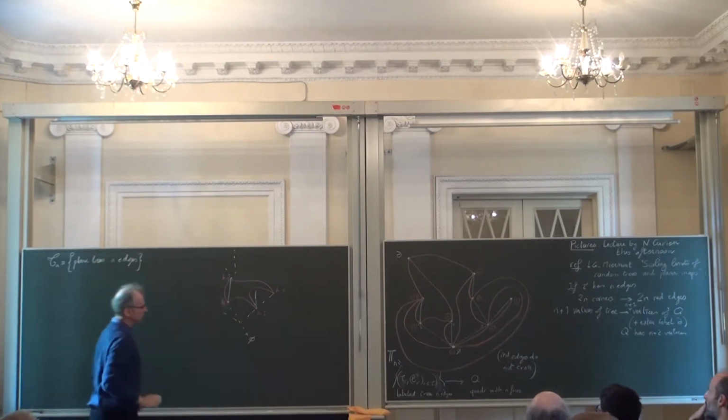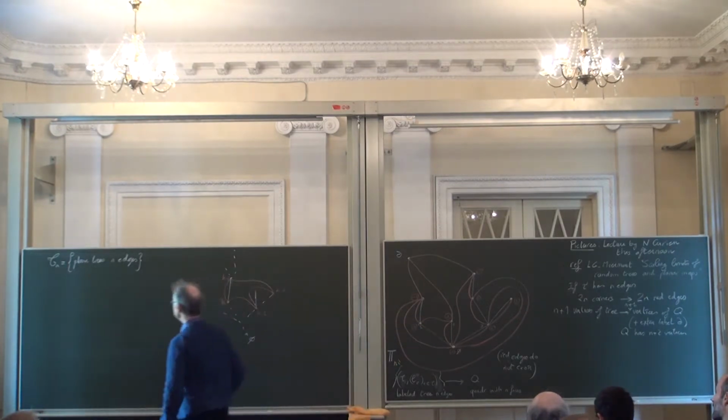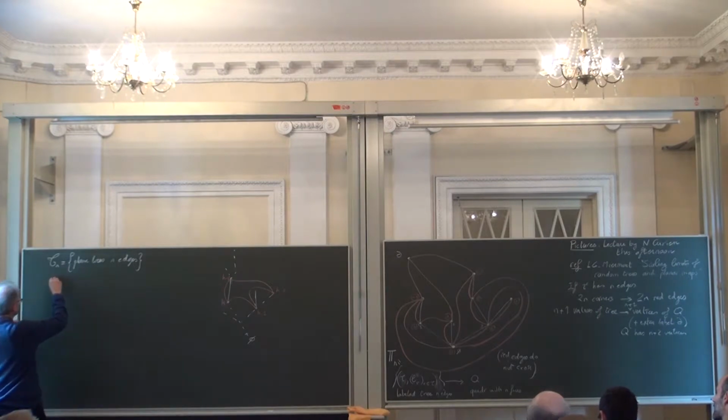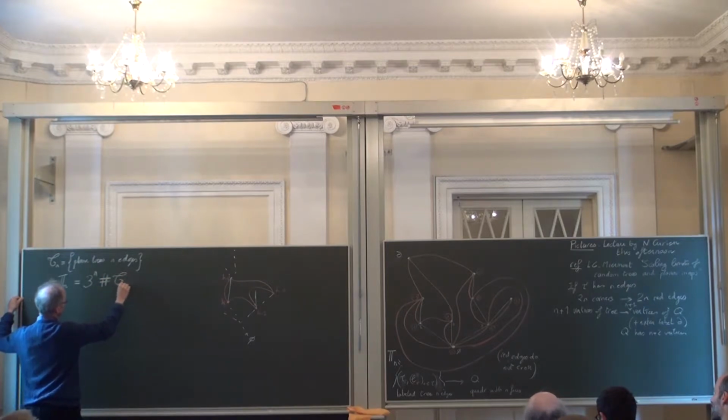So I consider just the tree structure, I don't consider the labels. So it's very easy to see that the cardinality of Tn is equal to 3 to the power n times the cardinality of script capital Tn.